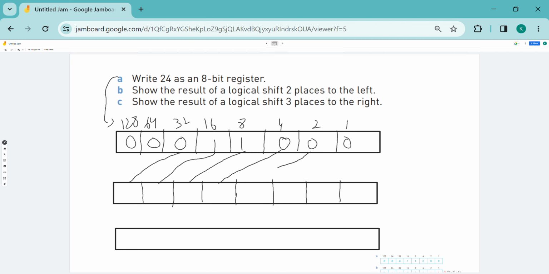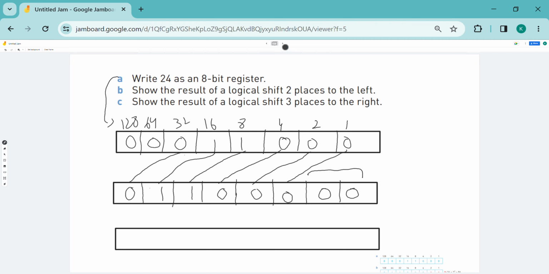Hopefully you are getting the idea that I am going to shift 2 places to the left, and it's very clear we are left with 2 blank spaces. We are going to add 0s into them, and let's write the result of shifting. Hopefully you got the idea of shifting now.